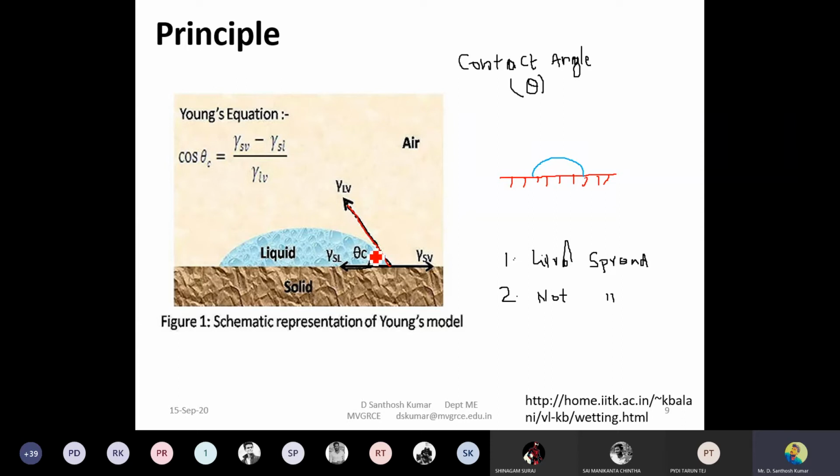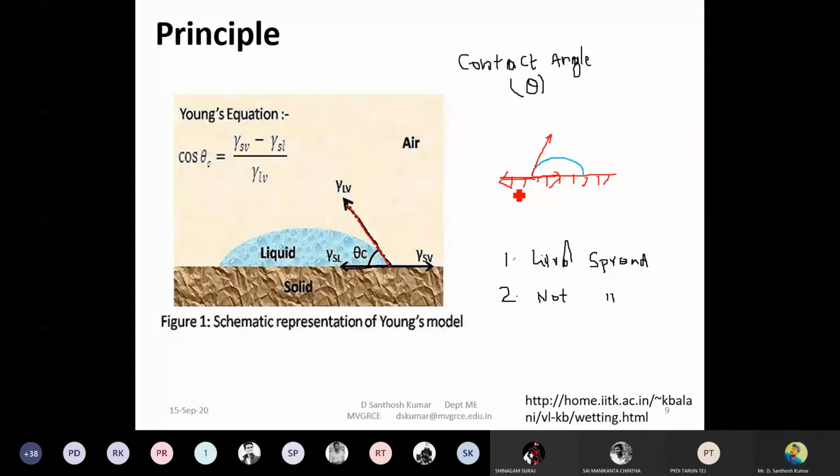Now you can go for balancing the forces. Here majorly gamma SV is balanced by gamma SL as well as gamma LV. For better understanding, consider it like this.